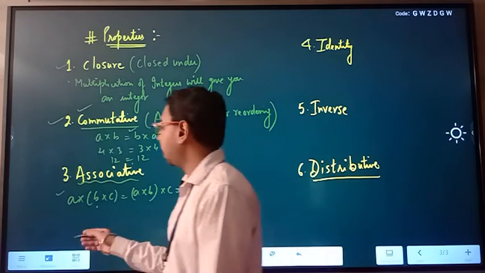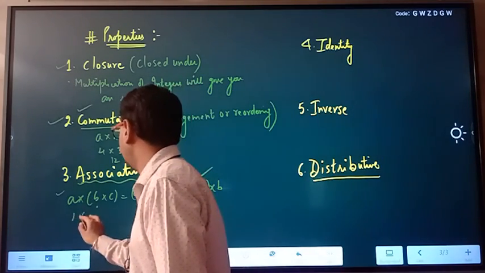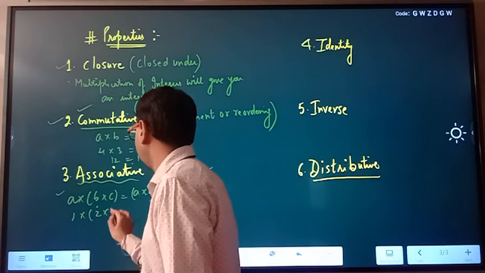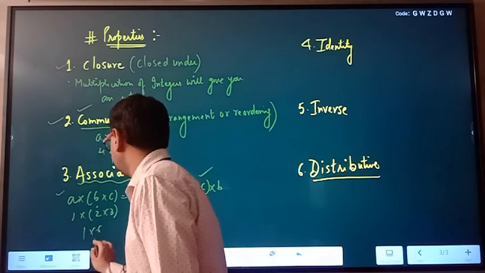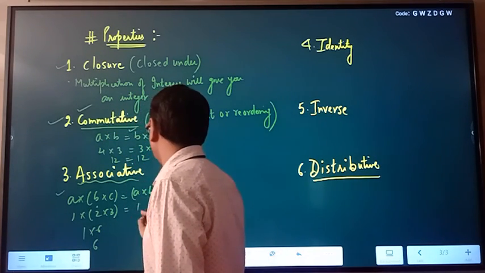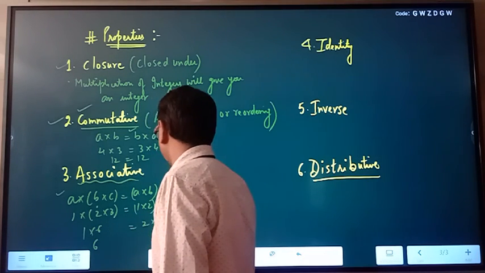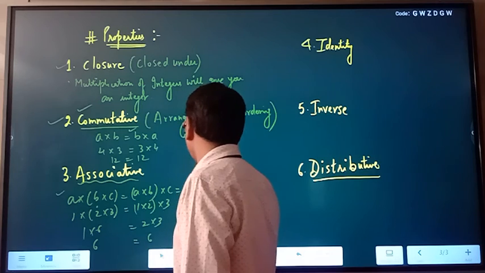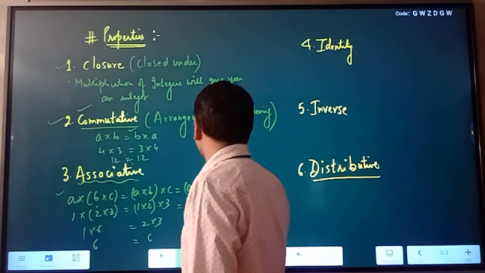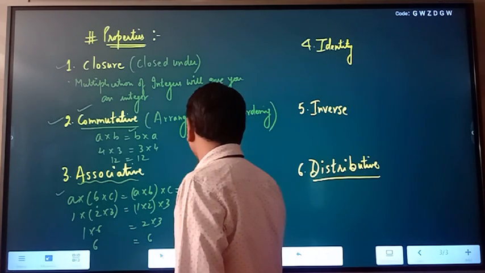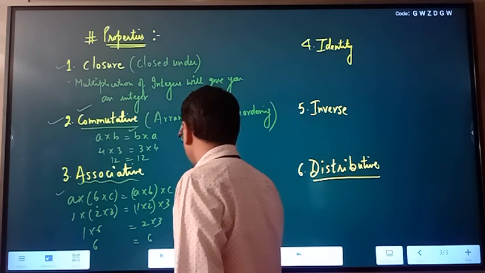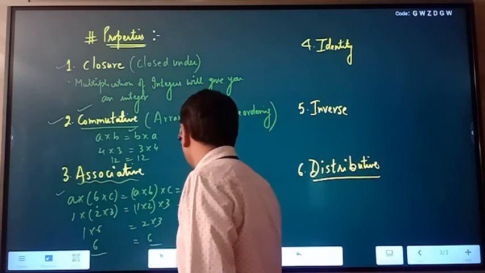You can see, let me take A, B, C as 1, 2, 3. 2 into 3 is 6, into 1, that is 6. Similarly 1 into 2 into 3, that is 2 into 3, that is 6, or 1 into 3 into 2, that is 3 into 2 is equal to 6. Hence verified.